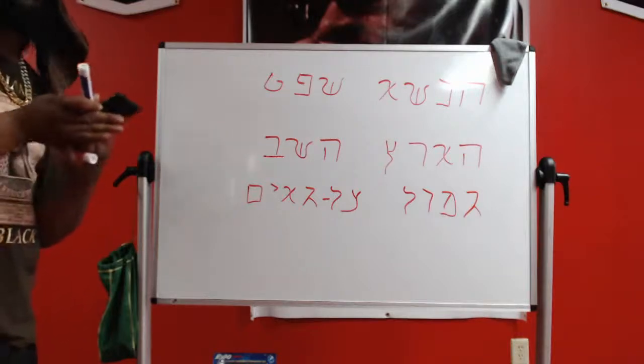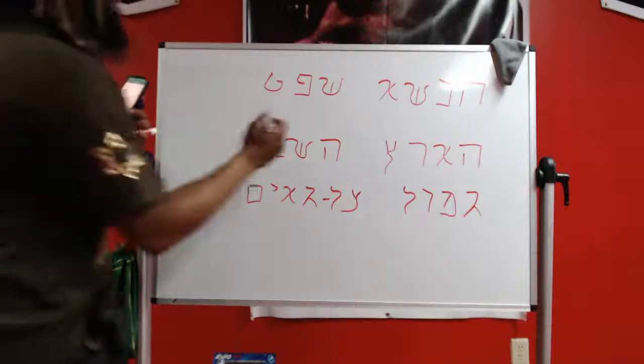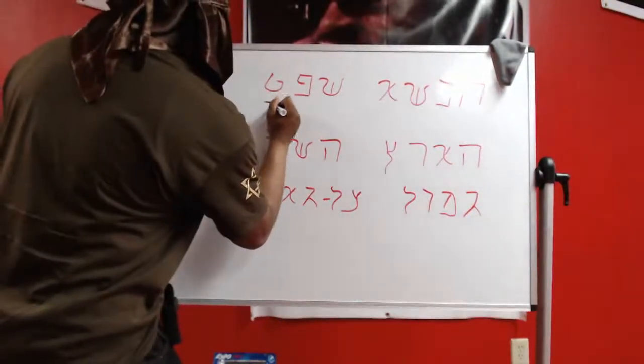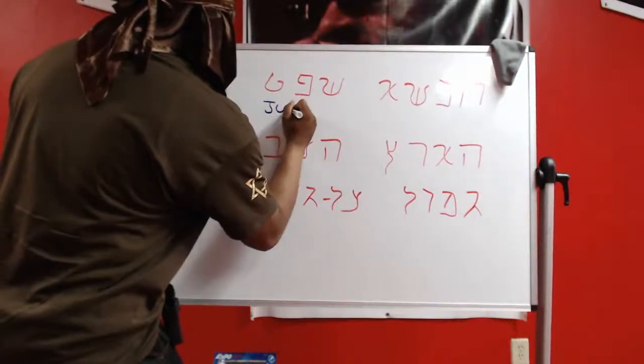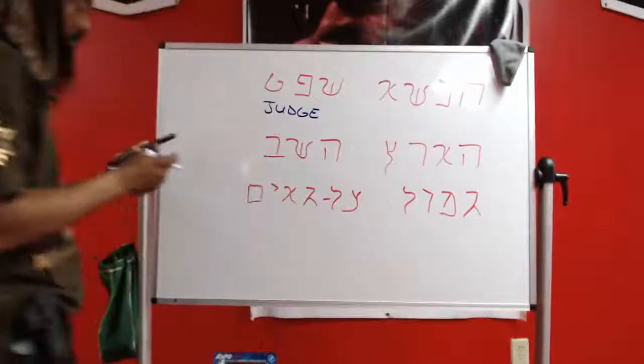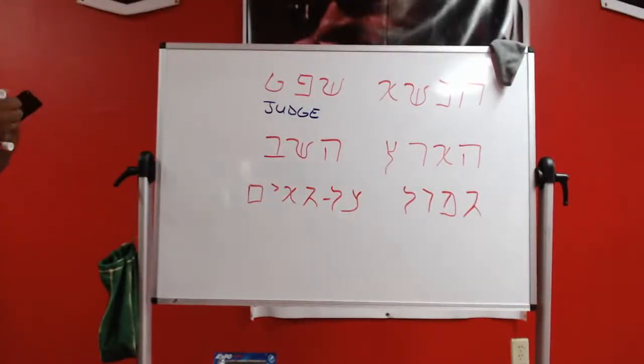It is one of those colors that are not often used. So I'm trying to make sure for the edification of the class that brothers can see this word. Shofet is judge. Shofet is judge. All right.